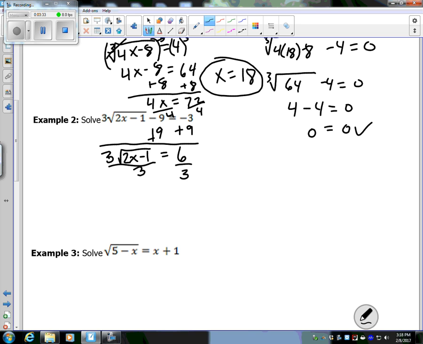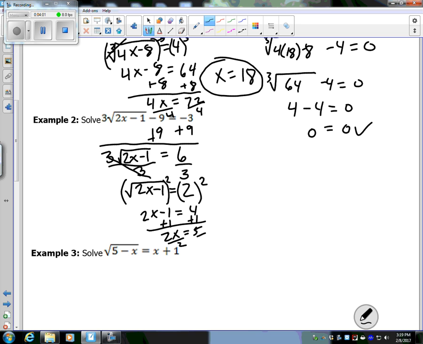And now the radical is alone. And so now it's a square root, so the opposite of square root is square. And down to a 2-step equation. 2x equals 5 divided by 2.